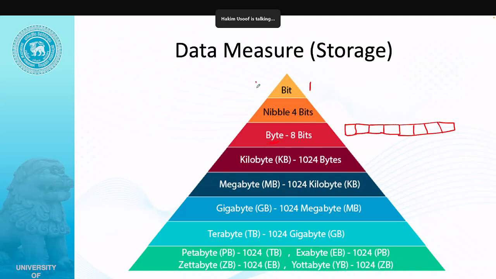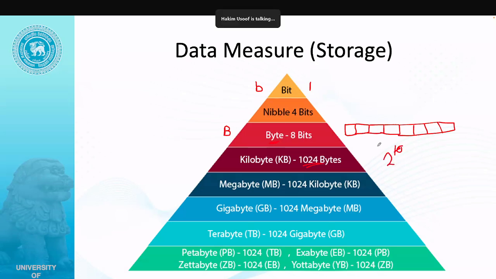A bit is given like this, a simple b, and a byte is given like this, a capital B. If you see a capital B, that means it's bytes. A simple b means we are talking about bits. If you take 1024, remember, we take 1024 because it is 2 to the power 10.